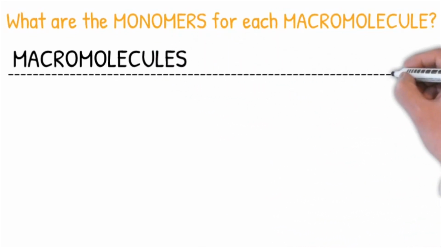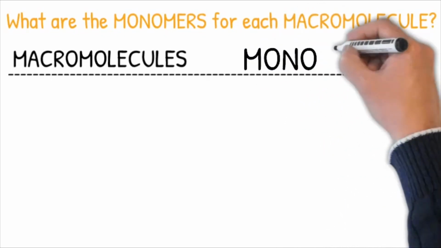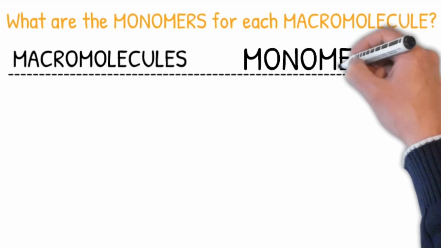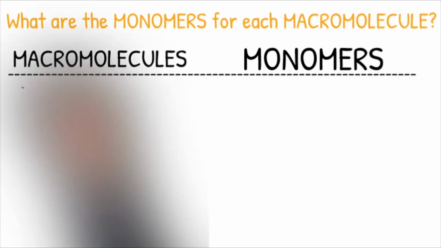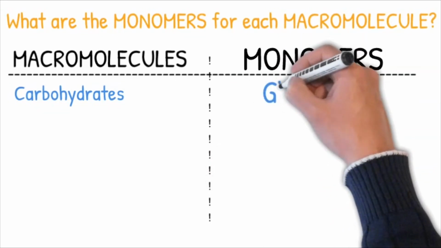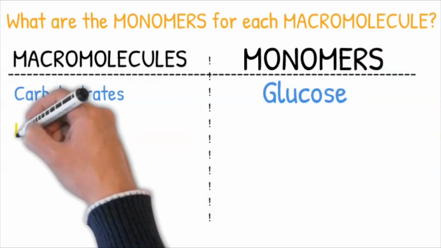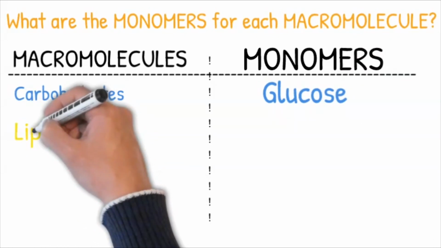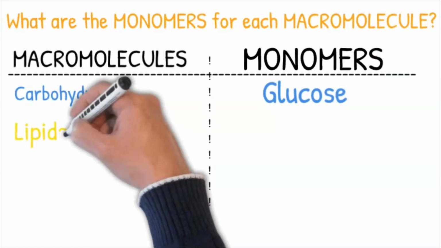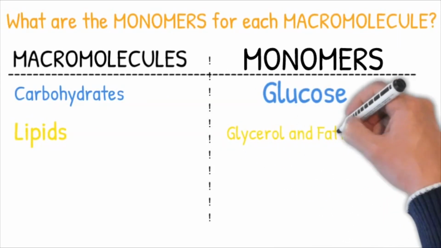Okay, so here is a little table that I hope will help you to summarize the different monomers for each of the macromolecules. For carbohydrates, the monomer is glucose. What is the monomer for lipids? That will be glycerol and fatty acids.